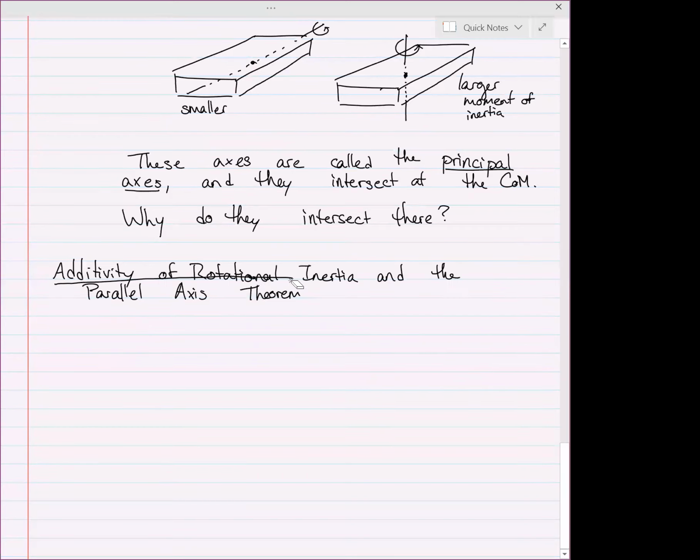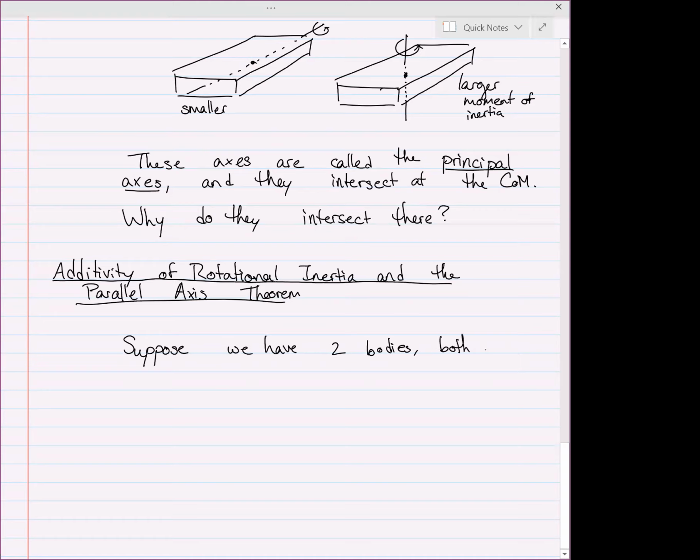Theorem is such a Latin sounding word. So before I proceed with explaining what all of this means, let's just consider an example. Suppose we have two bodies, both rotating about the same axis.